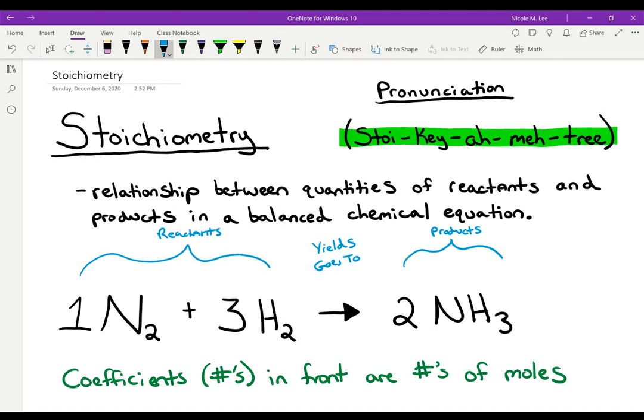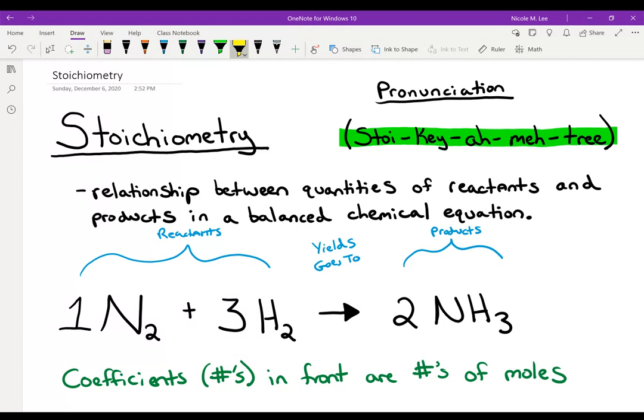And last week, you guys were putting numbers in front of each substance in the reaction in order to follow the law of conservation of mass. We know that matter is not created nor destroyed in a reaction, only rearranged. And so you were adding those numbers out front in order to balance the equation, making sure that we had the same number of each element on both sides.